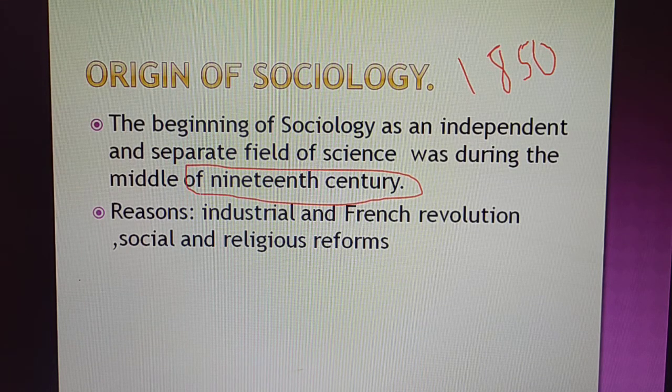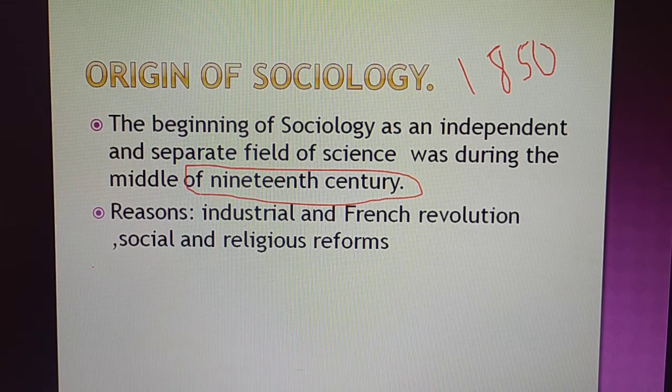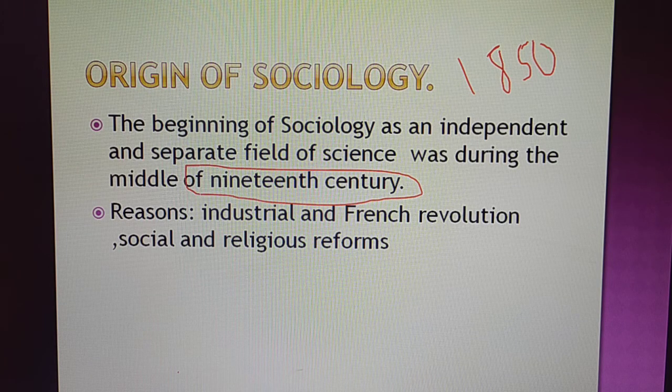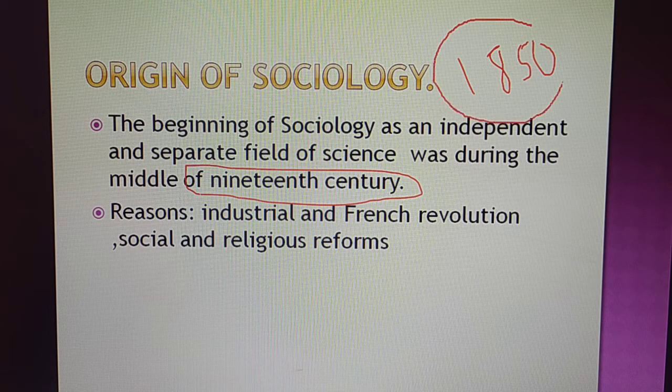Remember, the other social sciences, that is history, political science, geography, psychology and economics, originated in a later period, the 18th and 19th century. Sociology originated in the middle of the 19th century, and it is one of the subjects of social science.